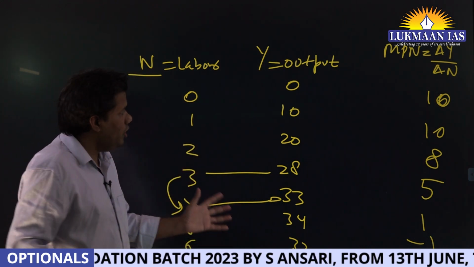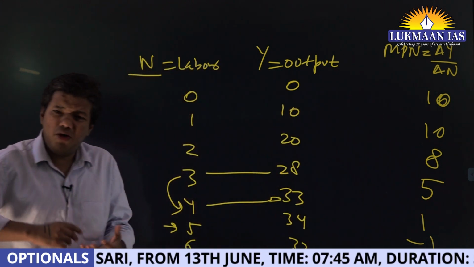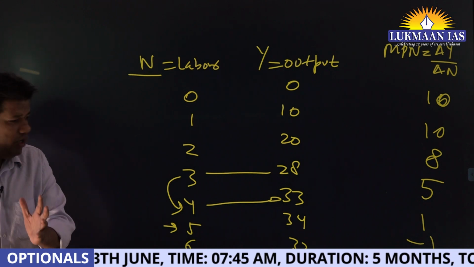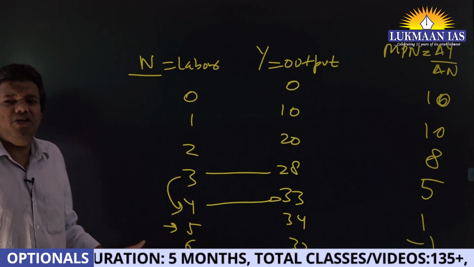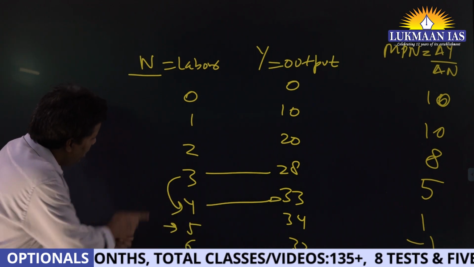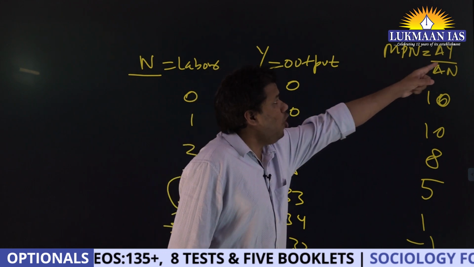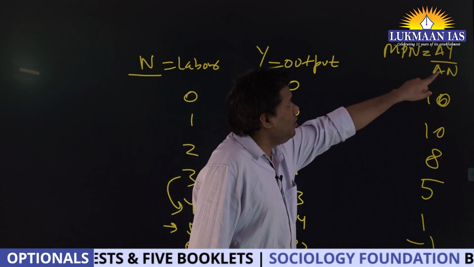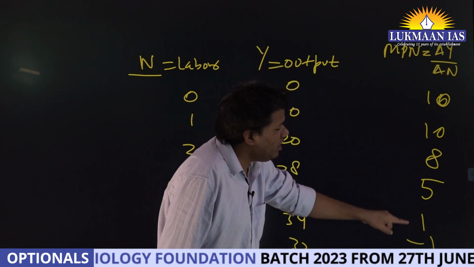Initially, when you establish an organization, you need more people to run it. But as you keep increasing the labor, there comes a point where adding more leads to diminishing rate of return. When you increase labor more, the MPN, the output per additional labor, is diminishing.